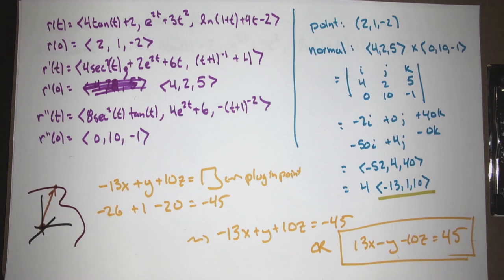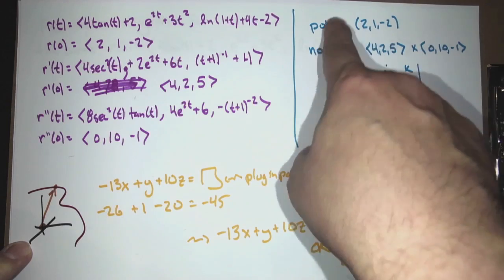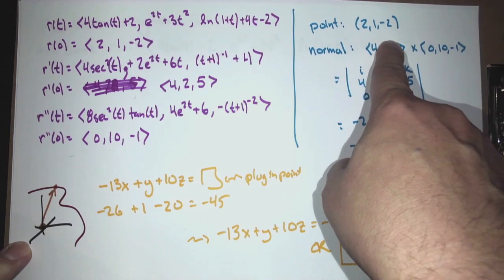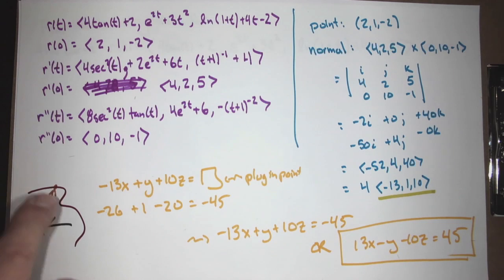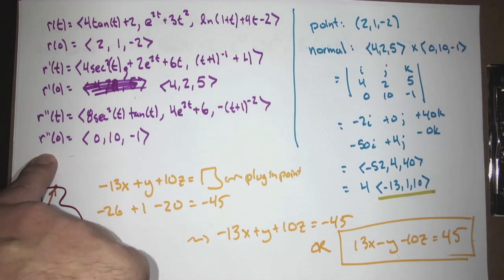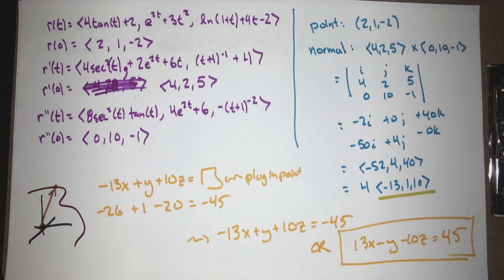Whereas the position vector doesn't really contain information about motion, it contains information about location. So this position vector is storing location information, not movement information. So we want to use the r prime and r double prime because that's movement information. That's how it's changing. So that's the convention.